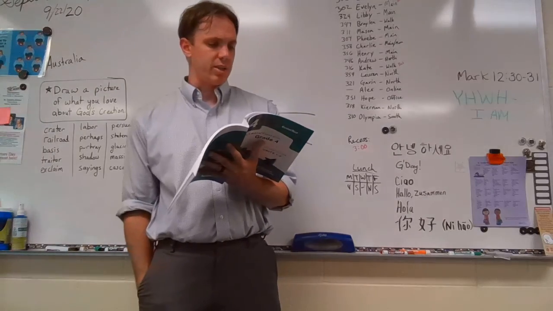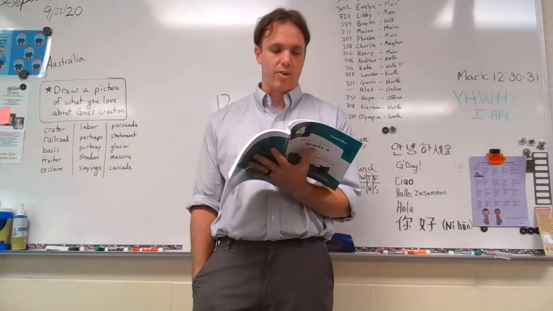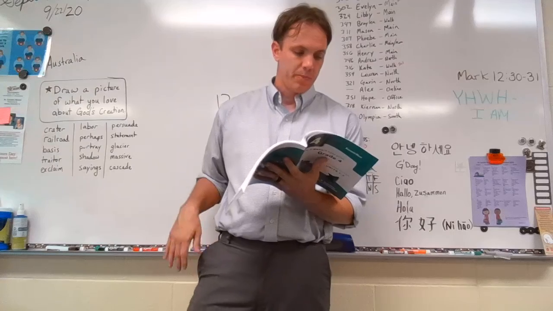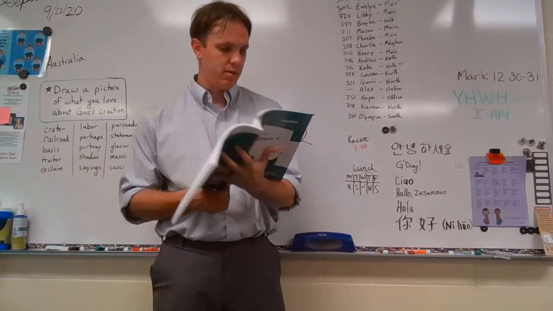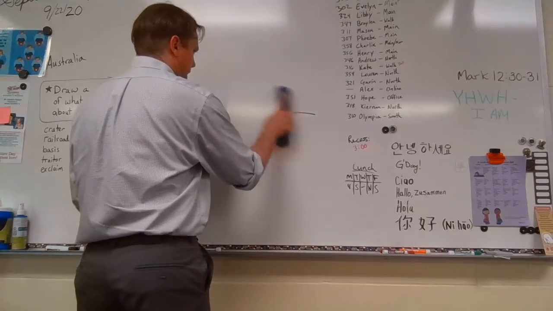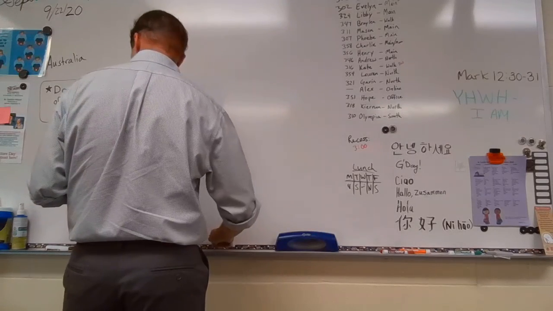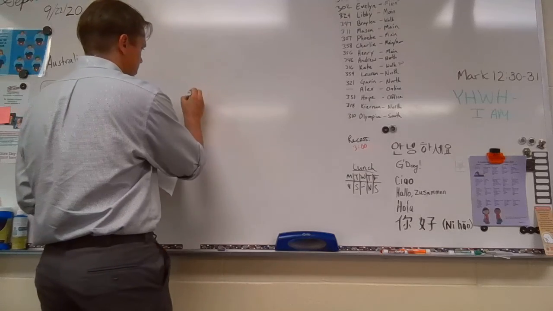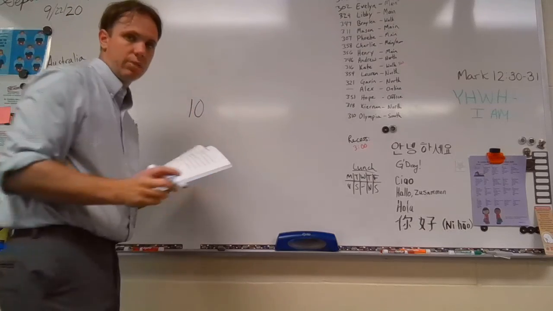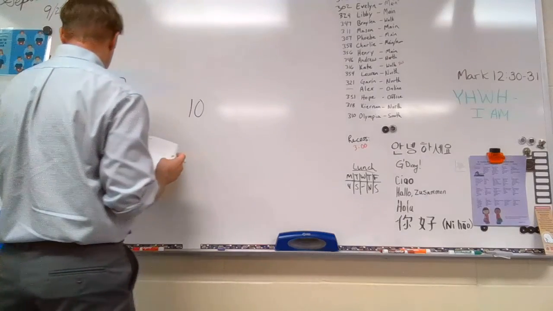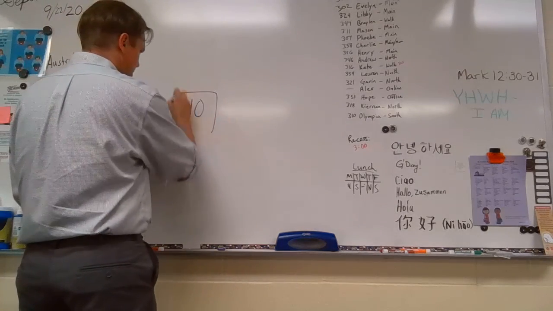But for number 1, it says complete a statement using the word factor and a statement using the word multiple for each number. So for the first one, it says 10, and then under factor, so this is 10. Let me see real quick if that is in the corner. All right, so 10. It's got a box, right?